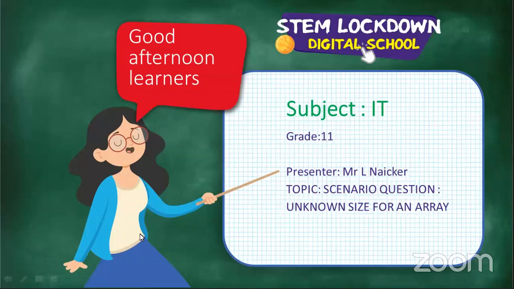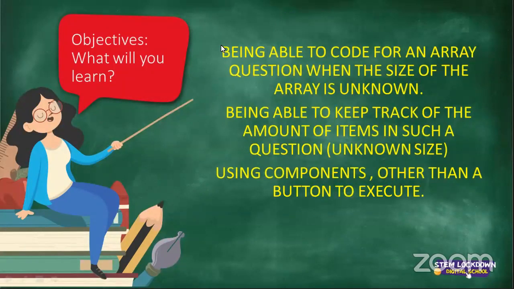So objectives, what will you learn by the end of this lesson? Hopefully you will figure out how to code for an array when the size of the array is unknown. That's the emphasis today, okay? When the size of the array is unknown, being able to track the amount of items. Obviously if it's unknown, we should be able to figure out the amount of items that were stored in the array.